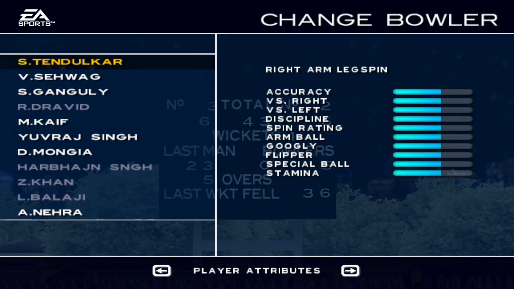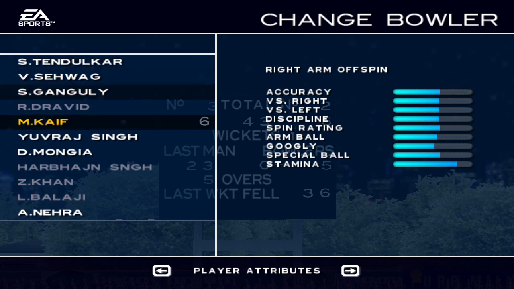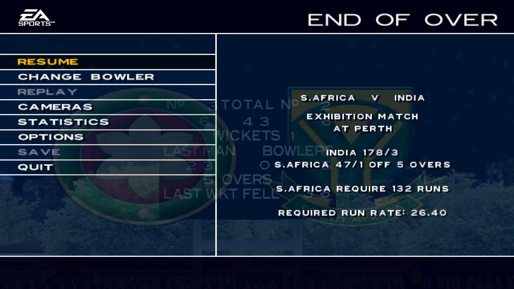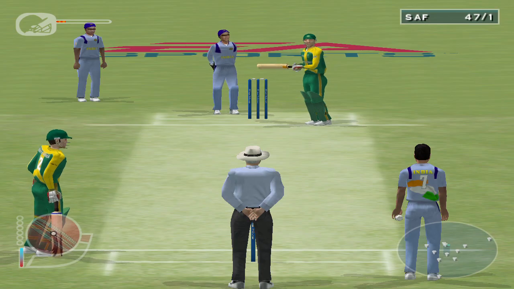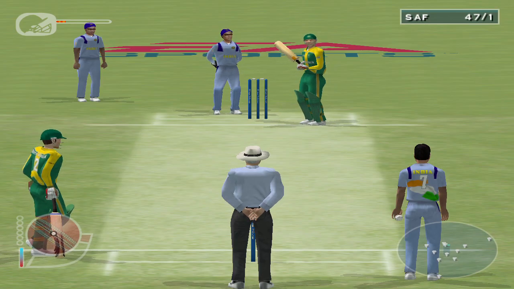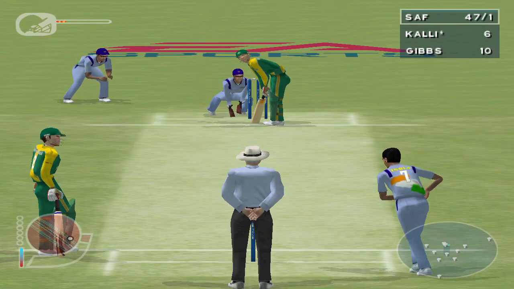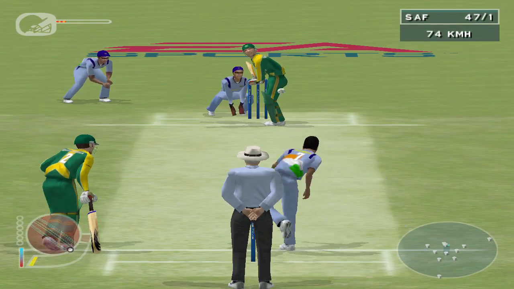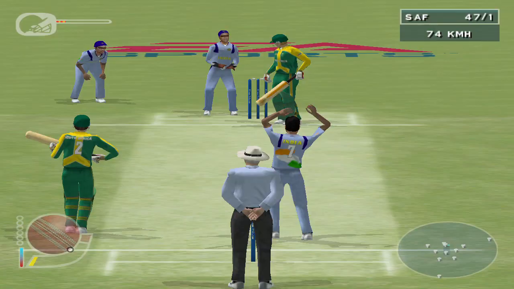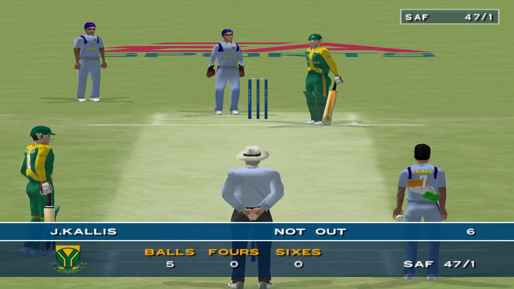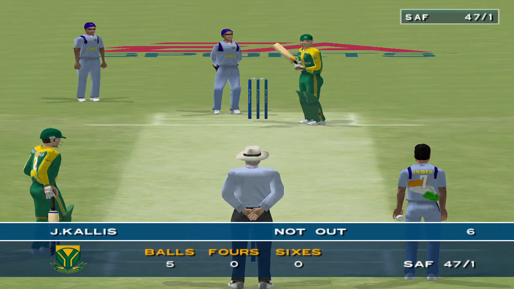Five overs are left for South Africa. The required run rate is over 15. Good bowling from Mongia.